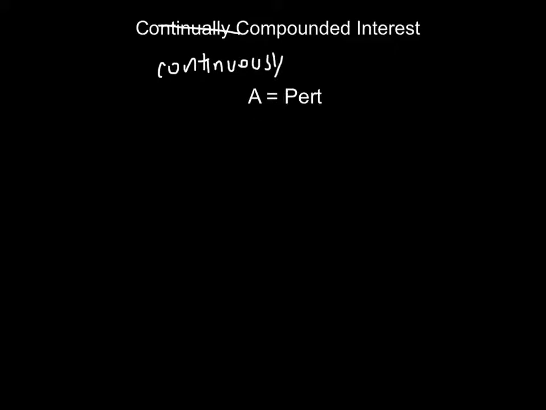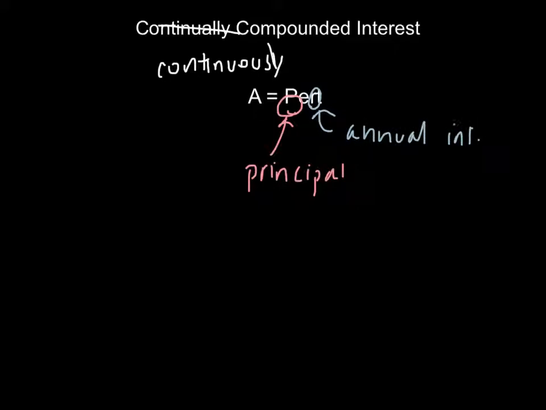So our formula for this is A equals P, which again is our principal, times our e number, Euler's number, raised to the r times t. The r is our annual interest rate as a decimal, and t once again is time.